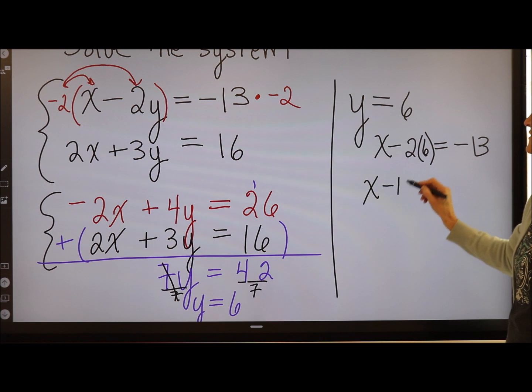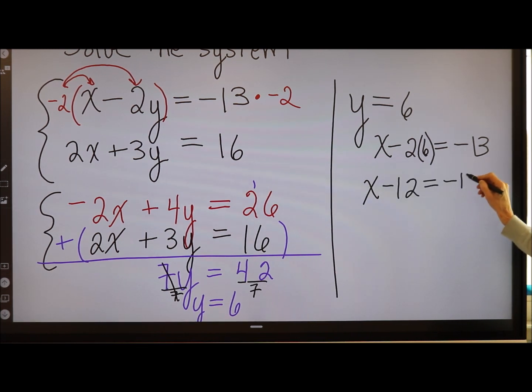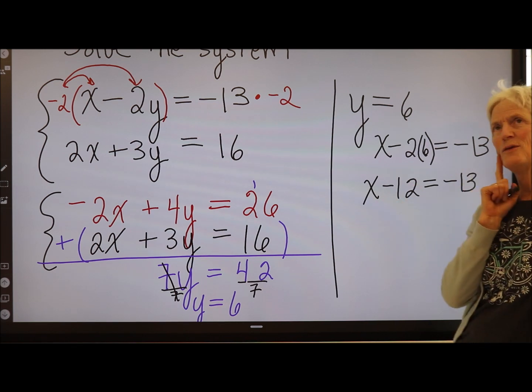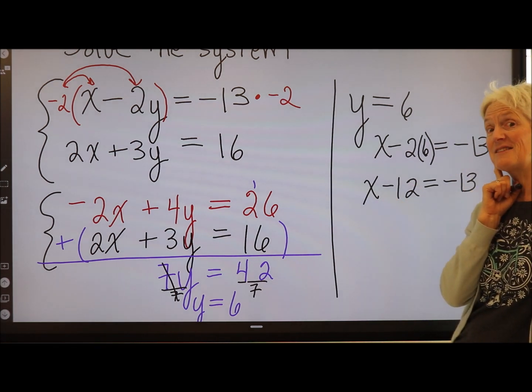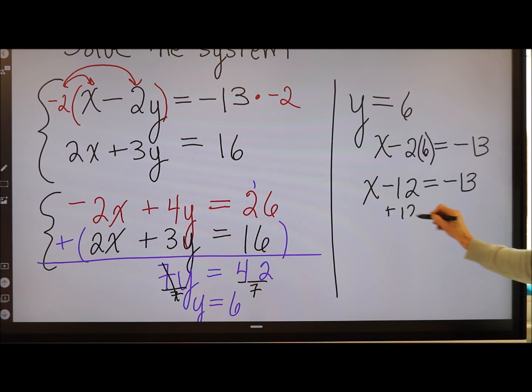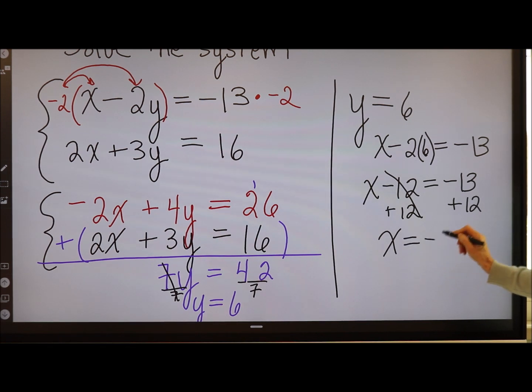That's going to be x minus 12 equals negative 13. You could try doing this in your head. What minus 12 equals negative 13? I think it's going to be a negative 1. But we can do our little algebra, add 12 to both sides. Sure enough, x equals negative 1.